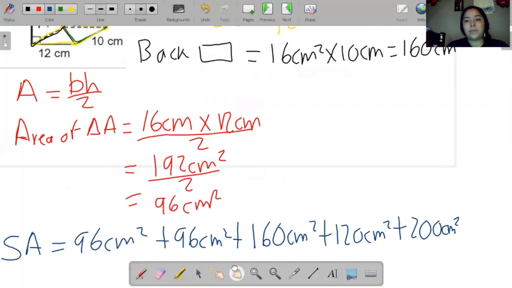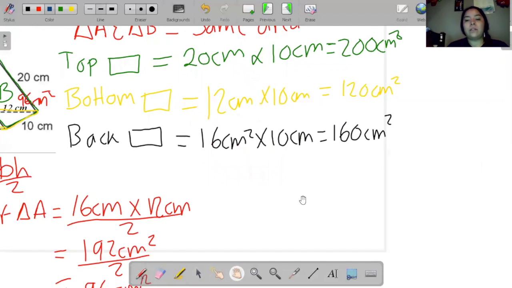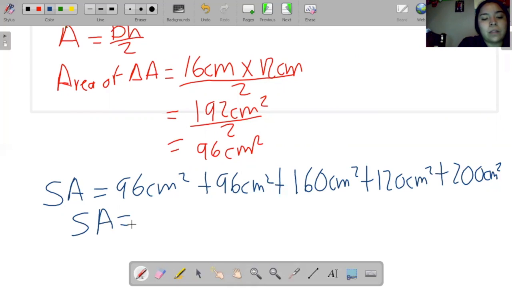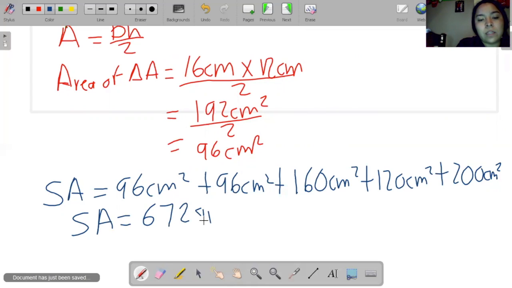So let's check. So we have 200, 120, and 160. Okay, so then our total area will be 96 plus 96 plus 160 plus 120 plus 200. So then our total surface area is equal to 672 centimeters square.